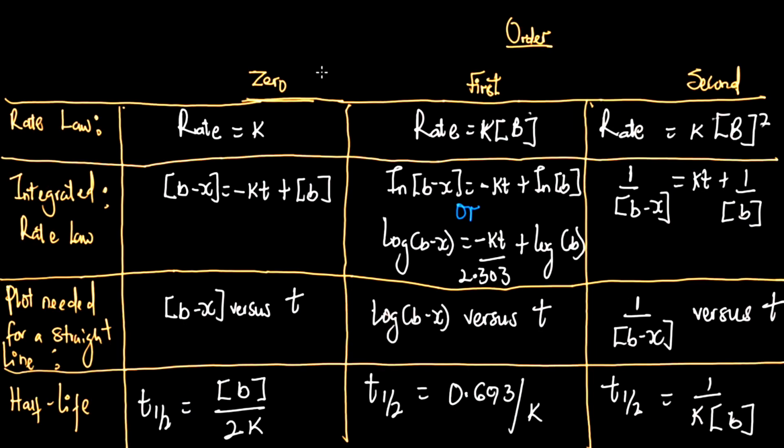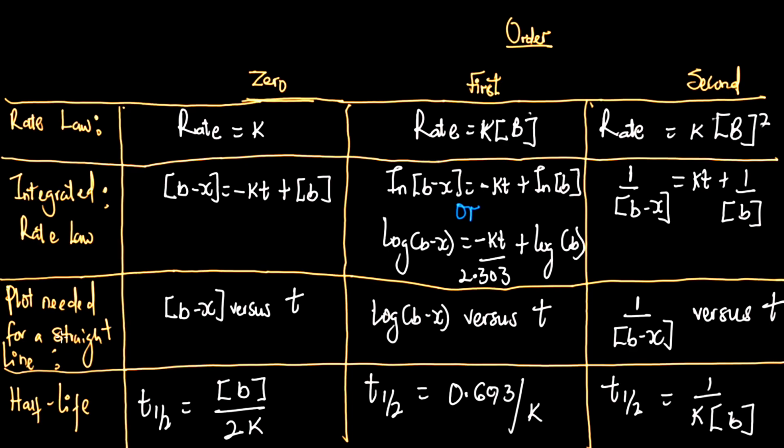Here is a simple chart that you may want to screenshot. Just pause and screenshot this. This is zero order reaction, first order reaction, and second order reaction. The rate law for a zero order reaction is this, the rate law for a first order reaction is this, and this for a second order reaction. The integrated rate law is also written out here.